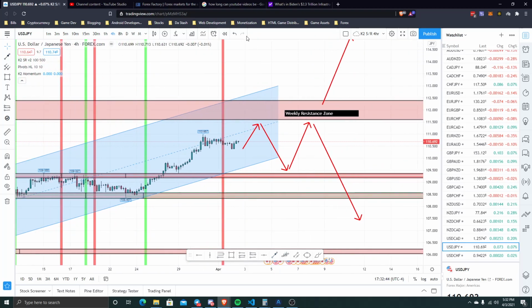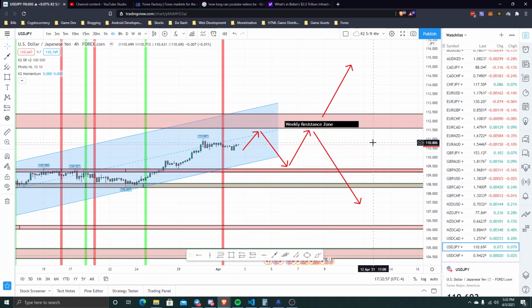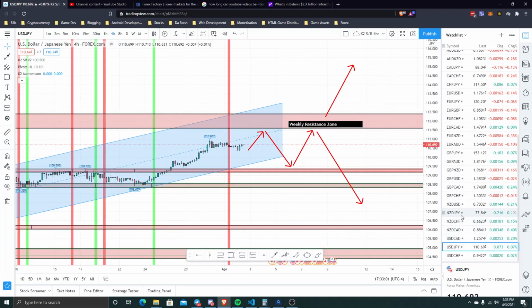And like I said, there's major USD news. So if there's good USD news, then for sure it's going to continue to the upside and possibly break that weekly resistance zone area. So I'm going to wait and see what the U.S. news does to this pair this week. So I'll keep y'all posted in the signals chat.